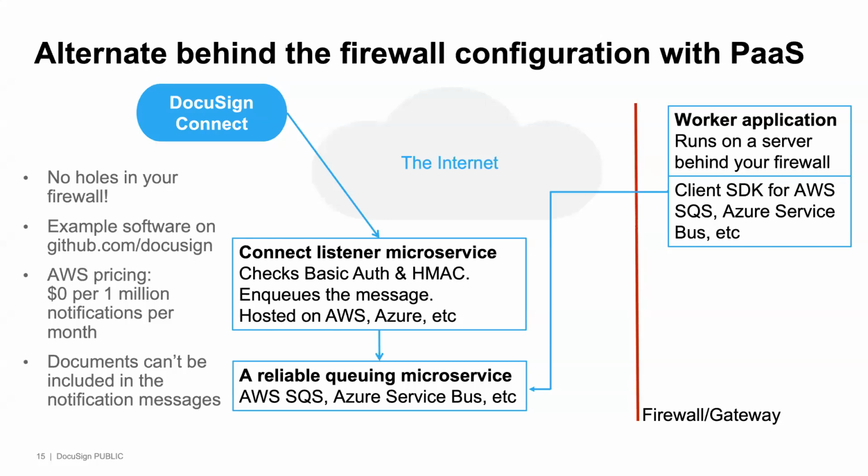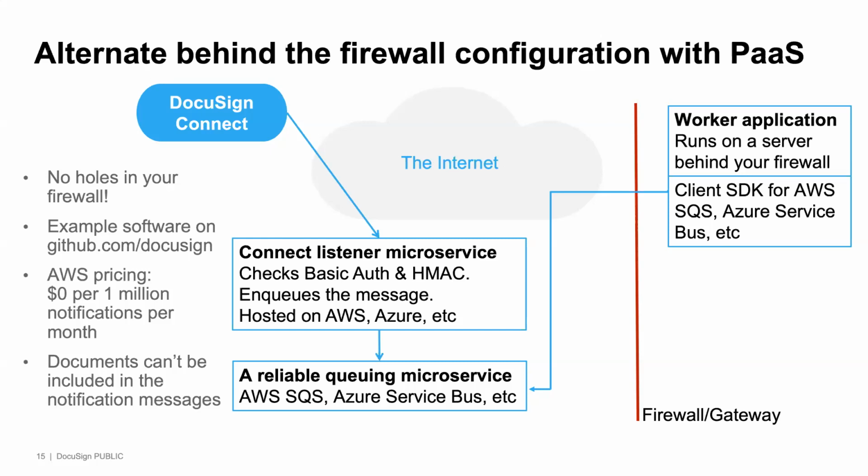Okay, so then what happens at this point now, you've got these messages queuing up inside of, for example, AWS SQS. And the question now is, you've got what we call a worker application that wants to work off these messages and deal with them. So the way this works is your application runs on your server behind your firewall, and it makes use of a client SDK, software developer kit.